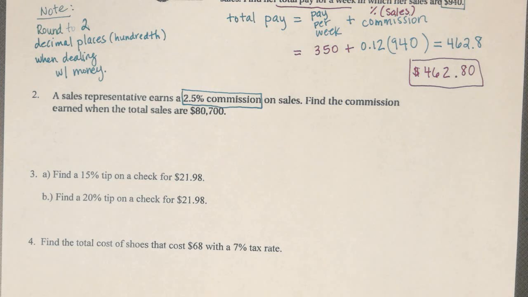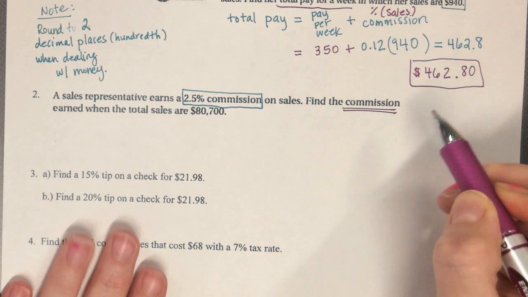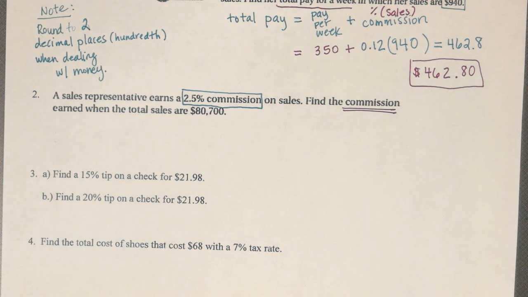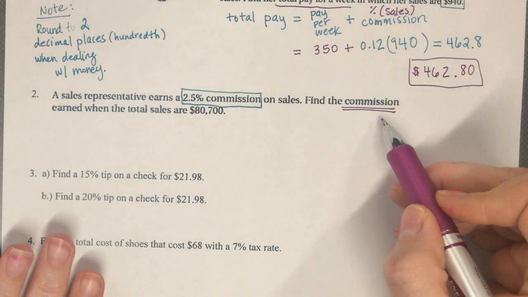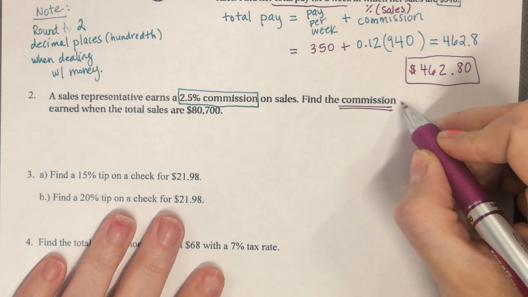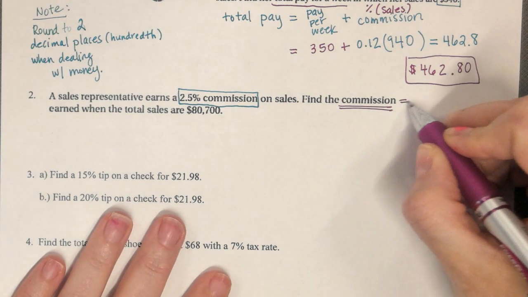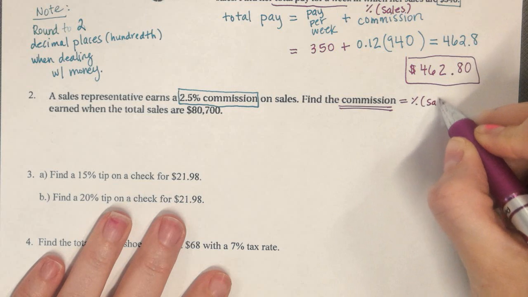Okay, and then when it says find the commission, remember, when it says find the commission, that means you are finding the percent times the sales.